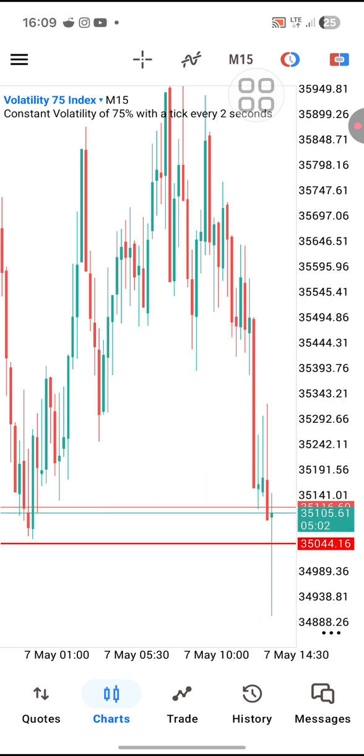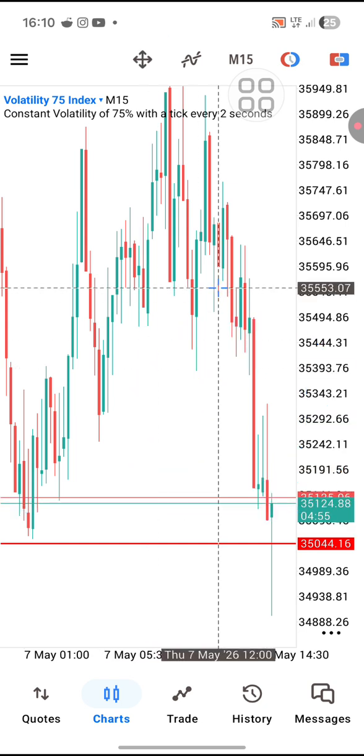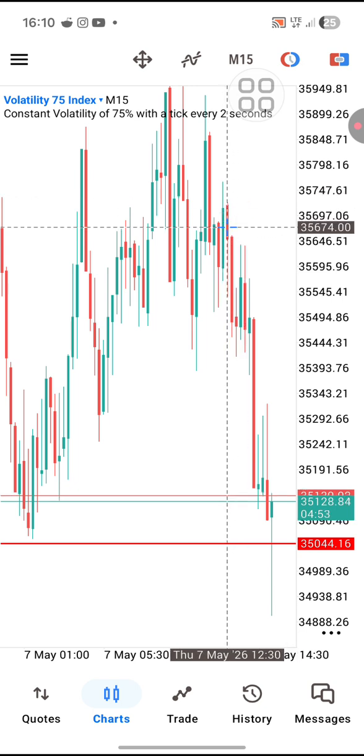There's no need to use that one to explain. I can explain with anything. So let's say I wanted to sell after this red candle here.